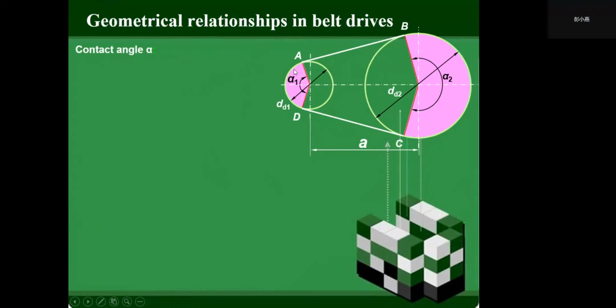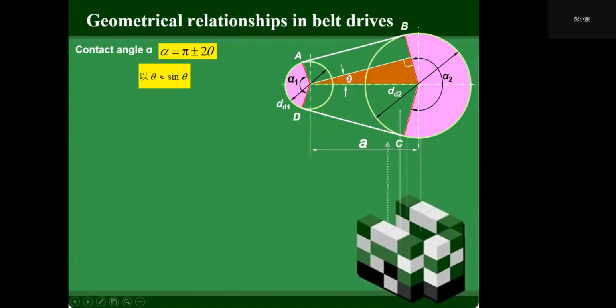And this angle is theta. For the driving pulley, the contact angle alpha 1 is pi minus 2 theta. And for the driven pulley, the contact angle alpha 2 is pi plus 2 theta.